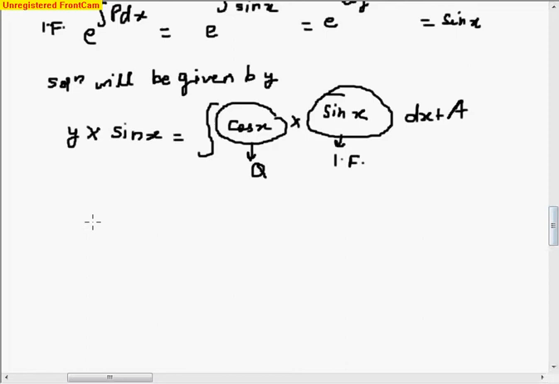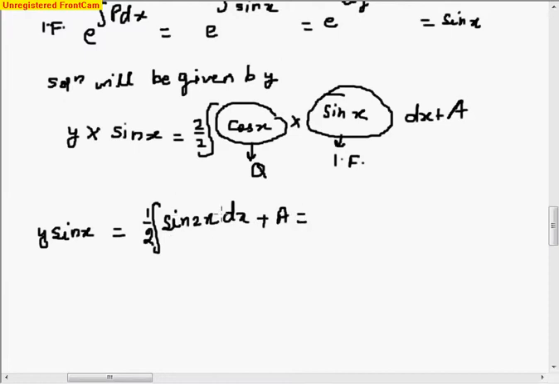So this is y into sin x is equal to the integration of sin x cos x. I'll multiply with 2 and divide with 2. So this is integration of 1 by 2 sin 2x, since 2 sin x cos x is sin 2x, dx plus a. Now the integration of sin 2x is minus cos 2x divided by the differentiation of 2x, that is 2, and the 1 by 2 is already there, plus the constant of integration.